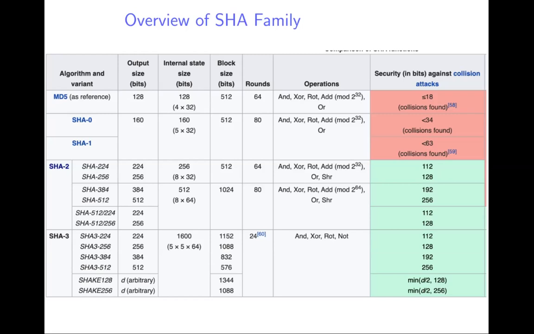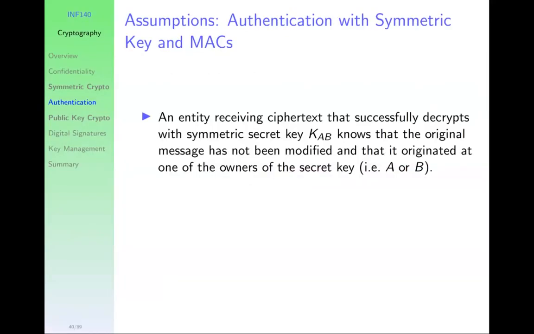SHA-3 can be found in some applications, but it's relatively new, and many vendors and companies haven't deployed SHA-3 in their products. Is there any more question about hash functions?